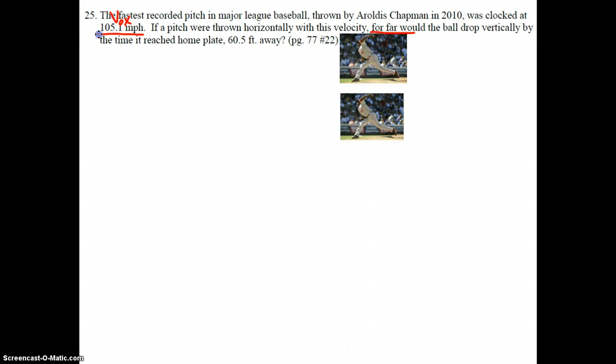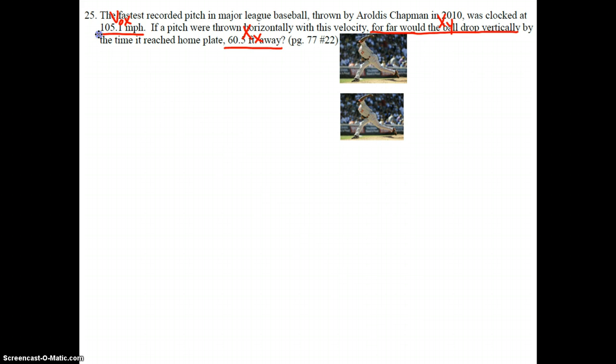That's XY, by the time it reached home plate, 60.5 feet away. And that 60.5 feet is how far horizontally the ball travels, so that's the range, which we label XX.